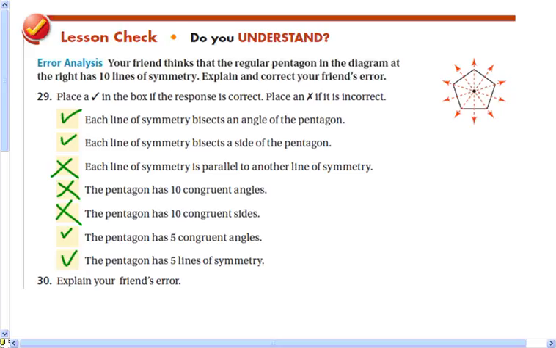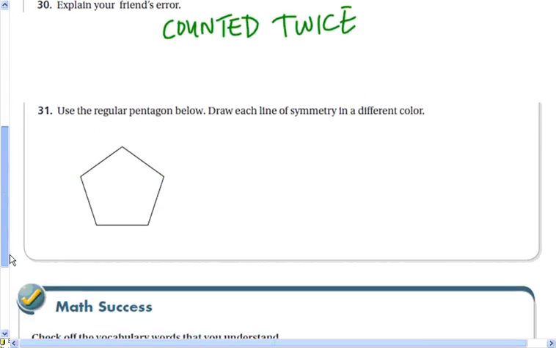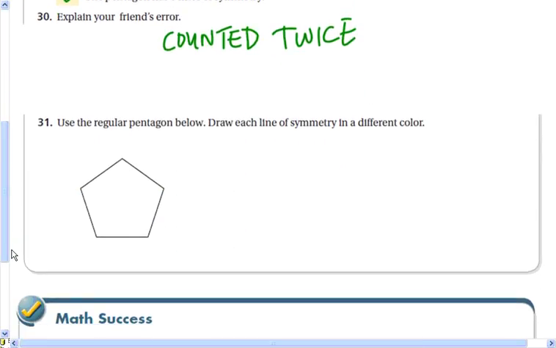I think my friend counted twice the lines. All right, that is the lesson. Oh, I guess we could do this quick. So there's one.